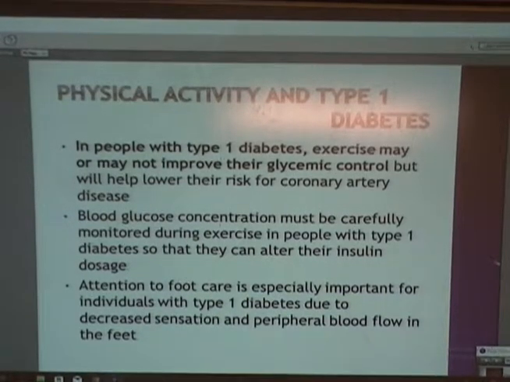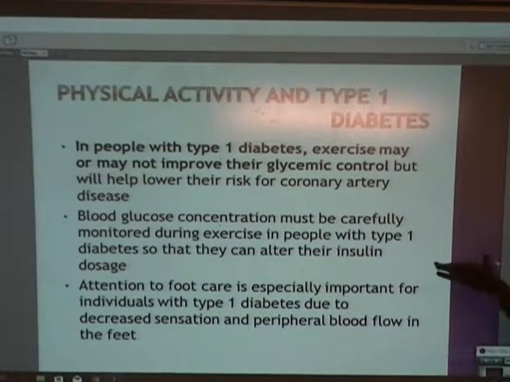And you want to be very careful about this peripheral neuropathy idea. Make sure that their shoes fit well, that their socks fit well. Keep reminding them to check their feet during the exercise session. Are their socks rubbing? Because they might not feel it, right? So they don't know that they're getting a blister.